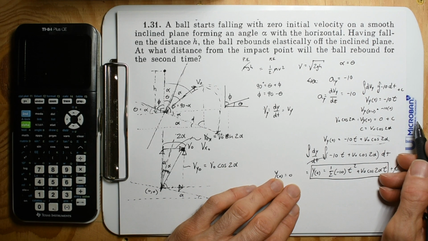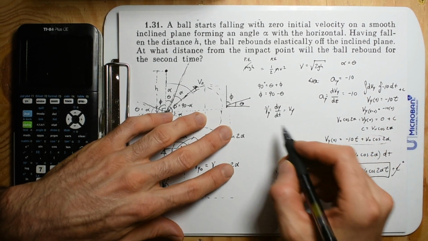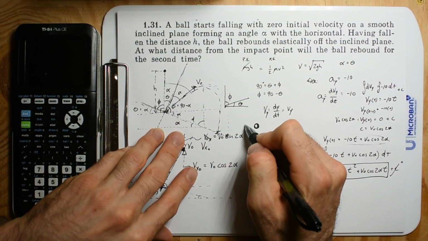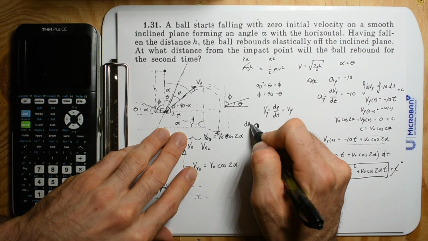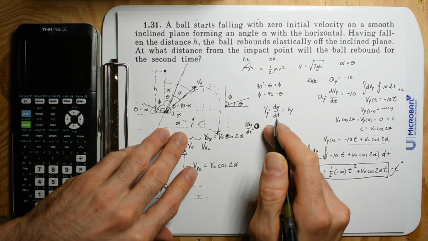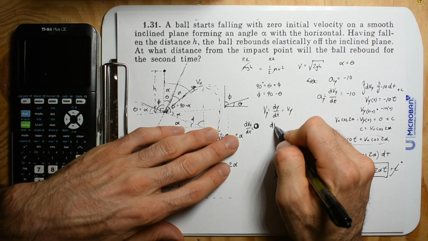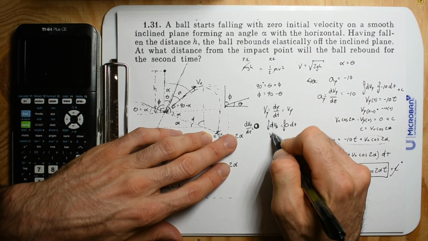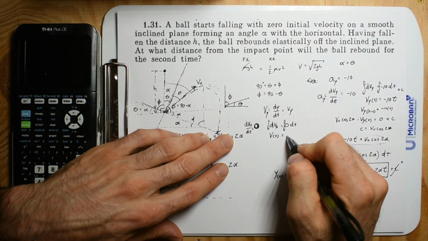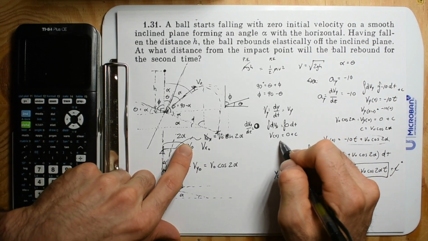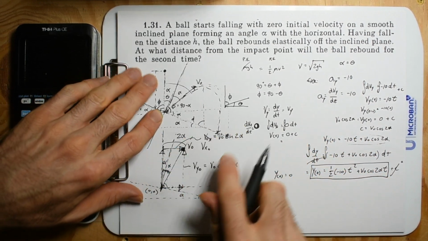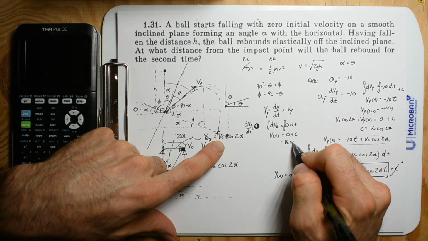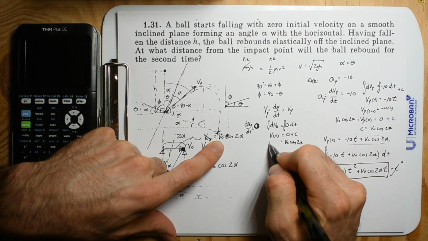And you can do that same thing for your x. Acceleration is 0 in the x, so dvx dt is equal to 0. Separate variables: dvx is equal to 0 dt, and integrate. We get a velocity function that is just 0 plus a constant, and we know our initial velocity in the x is v naught sine 2 alpha.